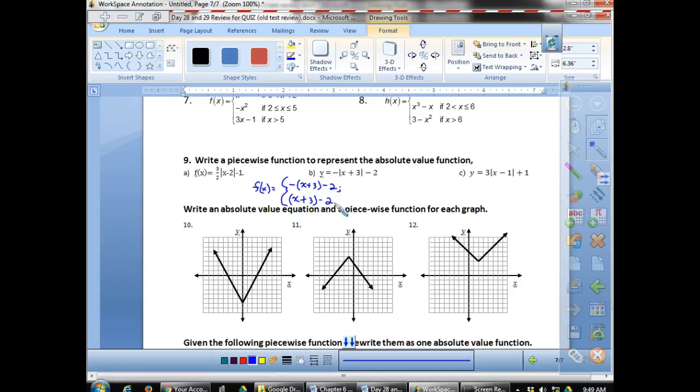The only thing I really have to do is figure out which domain goes with which slope. So this opens down. The reason that's important is because it's saying that the left half of the graph is going to have a positive slope, up and then down. So the right half of the graph has a negative slope. The vertex is (-3, -2).